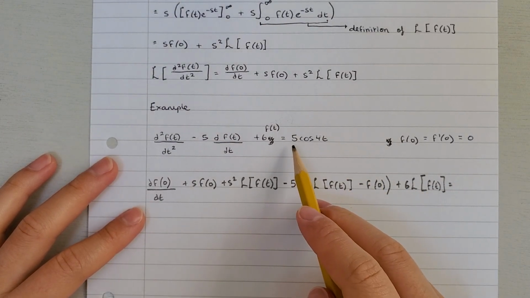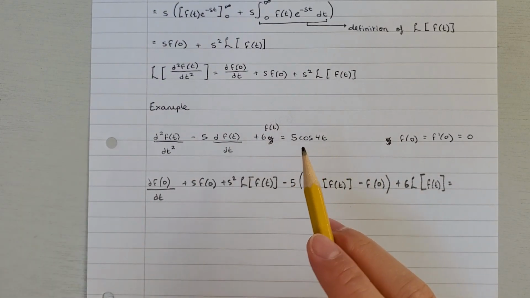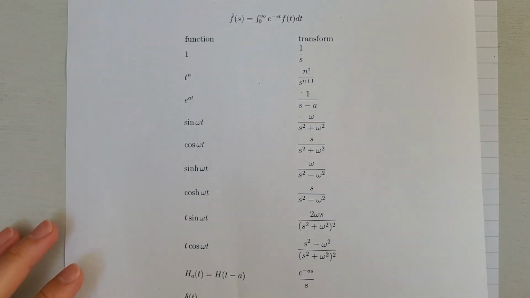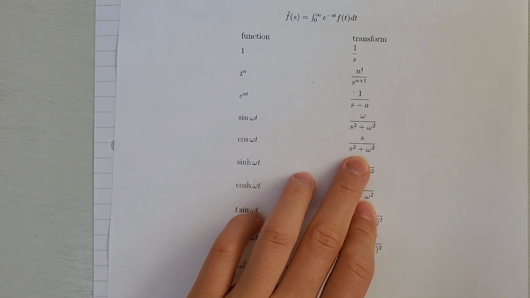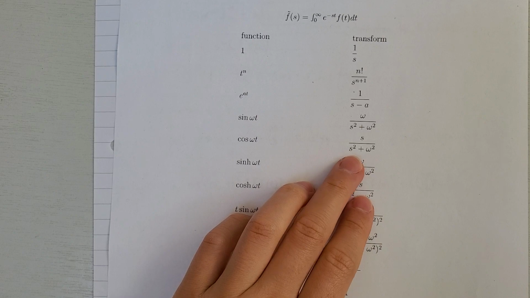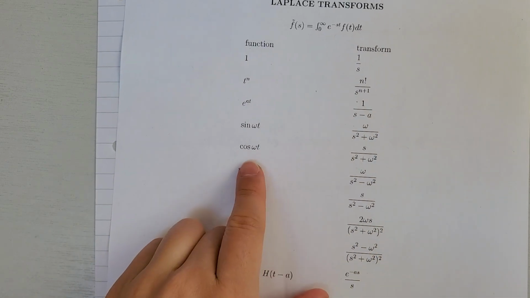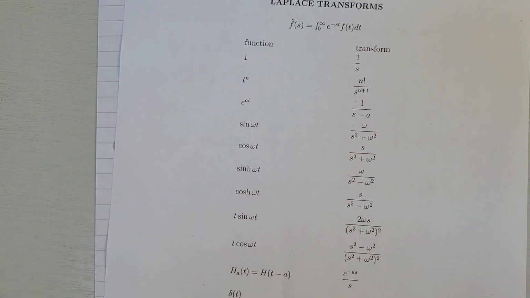Now the Laplace transform of 5 cosine 4t we get from tables. So 5 cosine 4t gives 5s over s squared plus 16, because we have 4 here, so 16.